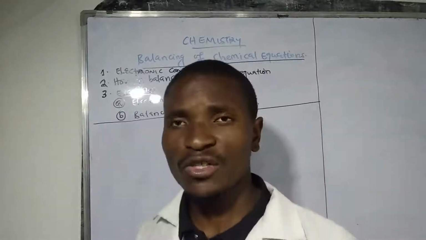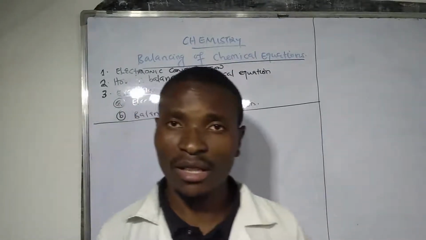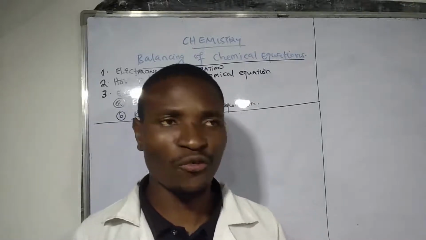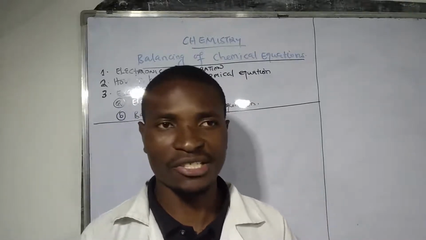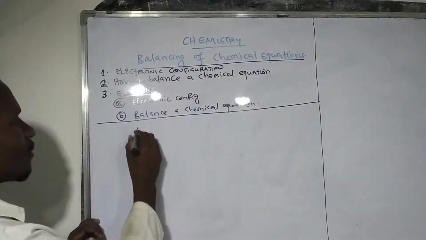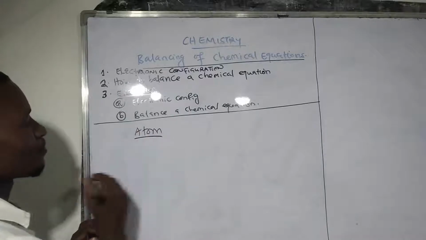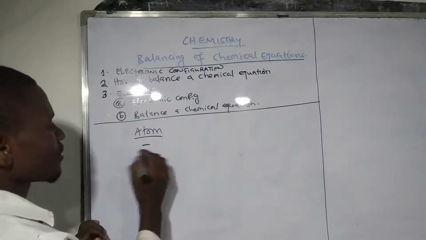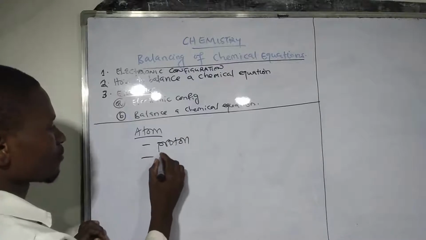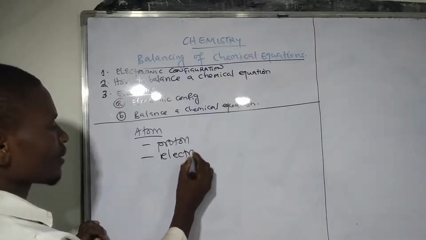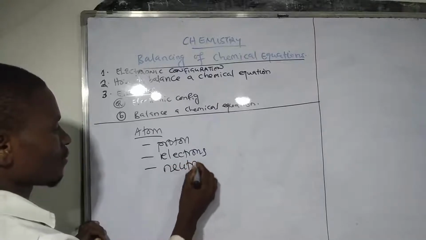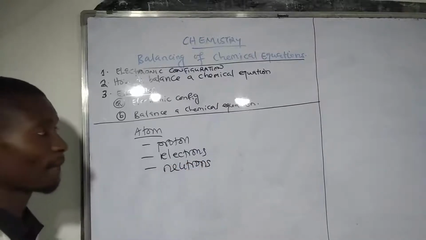So I want to first of all ensure that we understand the meaning of an electronic configuration. Knowing that an atom has protons, electrons, and neutrons.